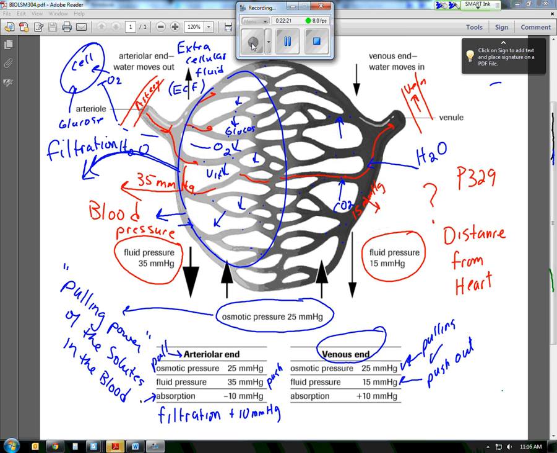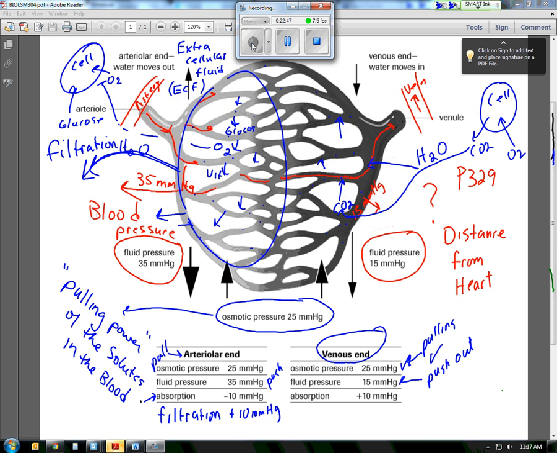I mean, we had a cell over here, and oxygen went in, carbon dioxide went out. That carbon dioxide better find its way into the bloodstream so that we can breathe it out. So things are going to return wherever this pressure allows for it to return, and things are going to start returning in to the blood there.